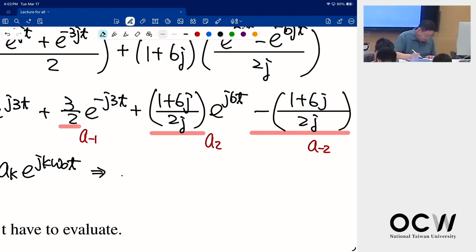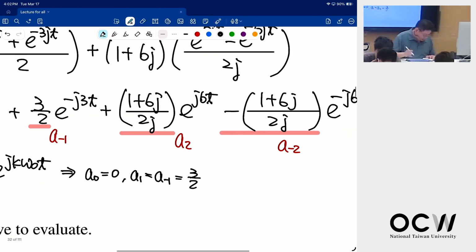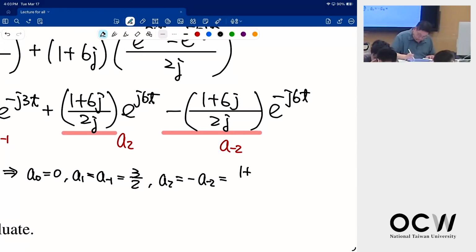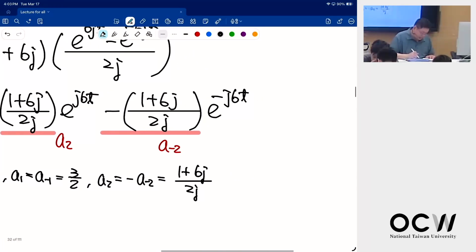So a naught is 0. a1 equals a minus 1, that's 3 over 2. And then a2 is equal to minus a minus 2, which is (1 plus 6j) over 2j. And all others, ak, are equal to 0.